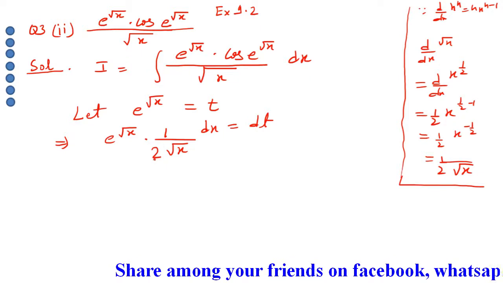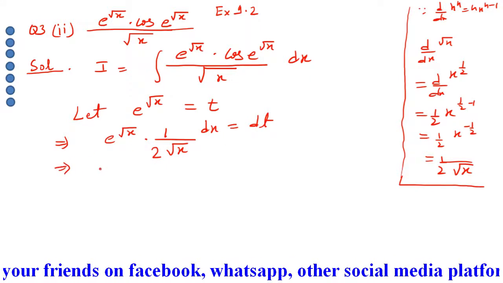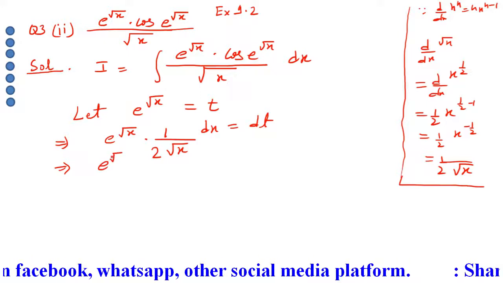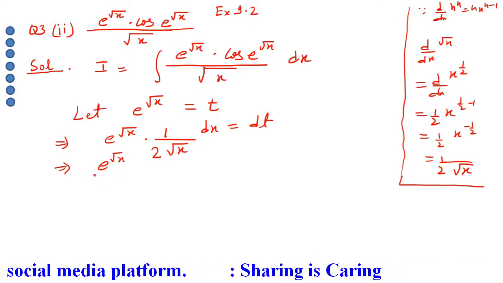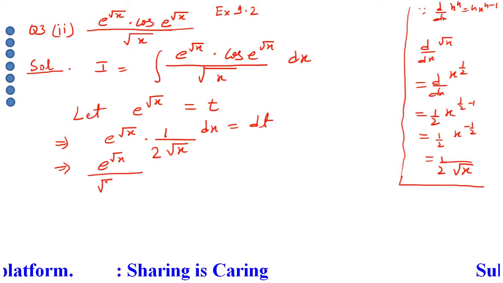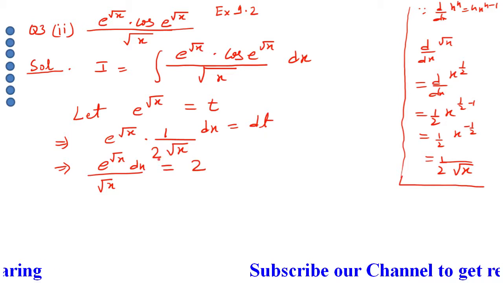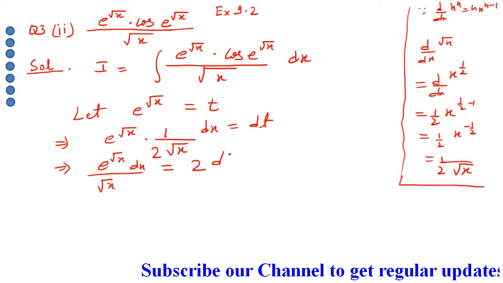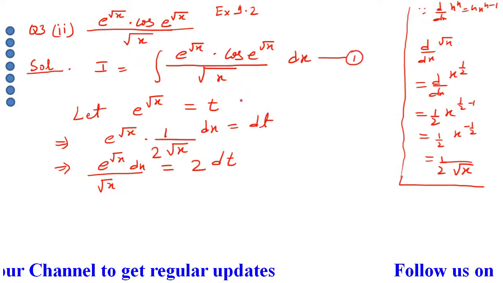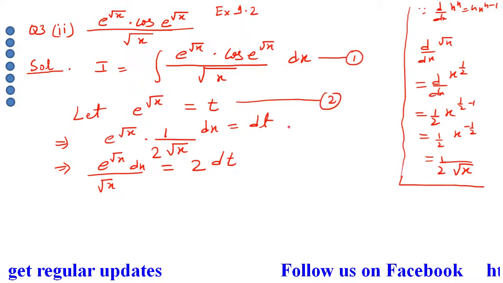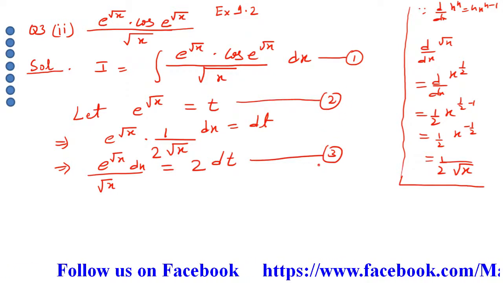So this 2 will be replaced here, which gives us e to the power square root of x upon square root of x, then dx is equal to, since this 2 is in division it will go to multiplication, 2 dt. So this is our equation first, this is equation second, and this one I am going to assume as equation third.